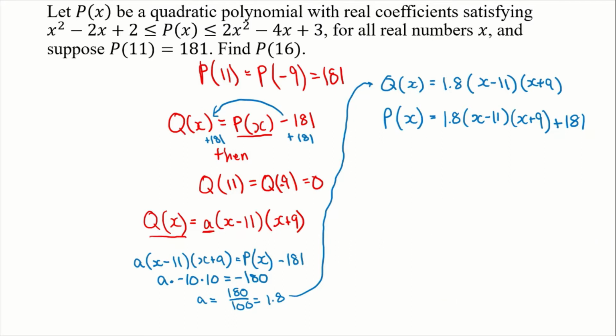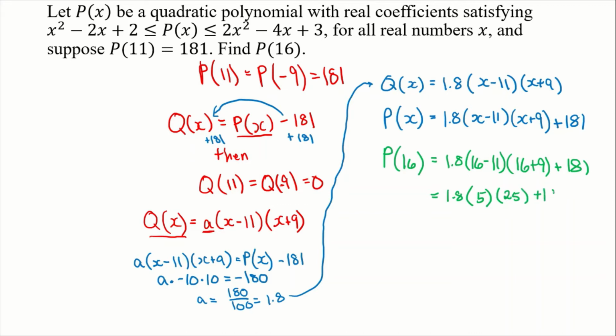So now, all that remains to do is actually plug in p of 16. Alright, so we have p of 16 is going to equal 1.8 times 16 minus 11 times 16 plus 9 plus 181. So that's going to equal 1.8 times 16 minus 11 is 5, times 16 plus 9 is 25, plus 181.